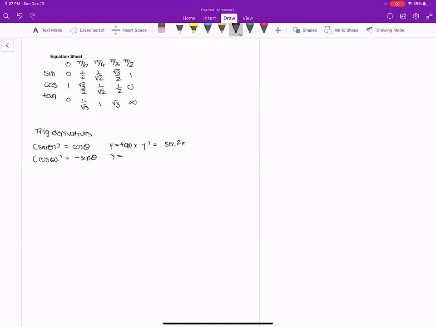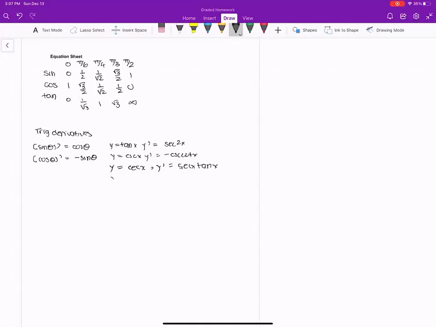If y equals cosecant x, y prime is negative cosecant x cot x. If y equals secant x, y prime equals secant x tan x.